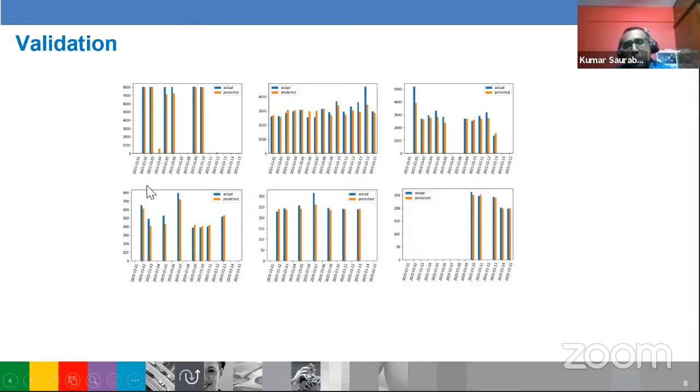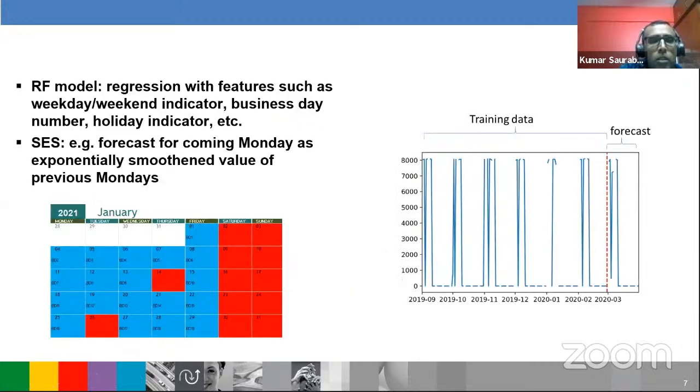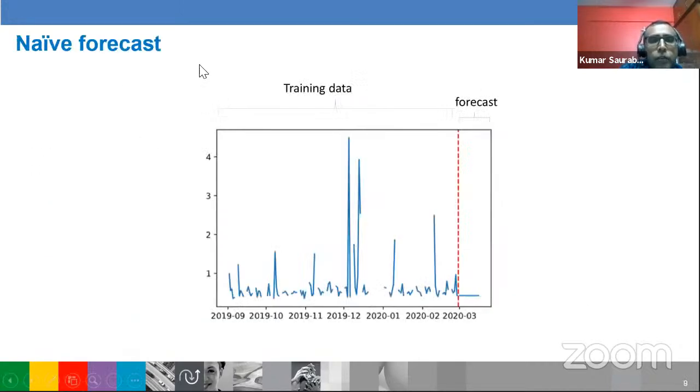Then we came up with this idea of adding a third model called naive forecast. In time series, what naive forecast does is it looks at the training data, basically ignores most of it, and just sees the last observed value, right?